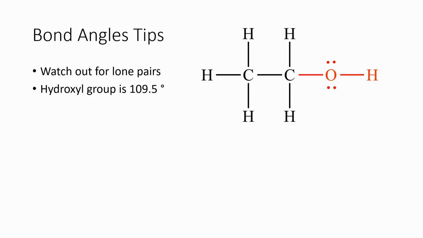If you have 4 electron groups, that's 109.5. Sometimes people ignore the lone pairs and say, oh, that's linear. That's not linear. This is tetrahedral. We have 2 lone pairs, 2 bonds, that's 109.5, the bond angles. Okay. And so the carbons here would also have bond angles of 109.5.